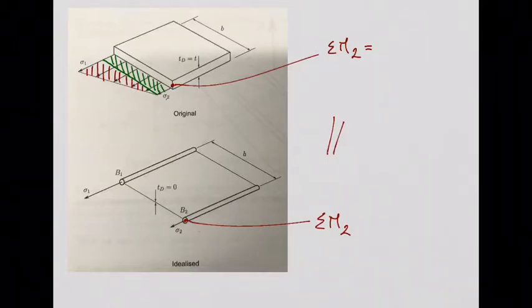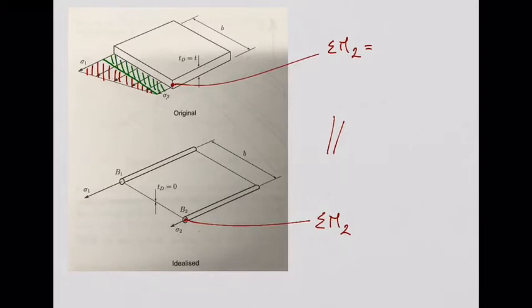I think we did this in year 1, right? Distributed loads, rectangular, triangular. So, let's start with the contribution to the moment produced by this green, rectangular distributed load, right?